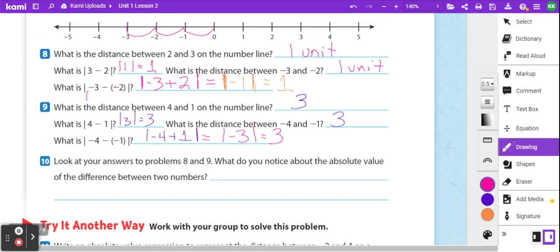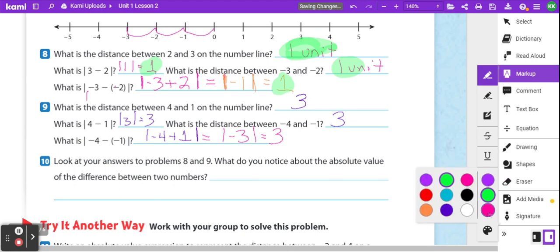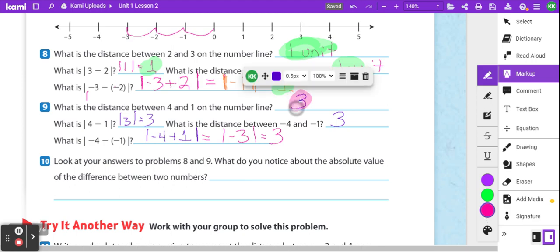So if we're looking at absolute value, I'm going to highlight these ones. The absolute value here is 1. So notice that the absolute value and the distance are the same thing. To find distance, you can find the absolute value of the difference, so you can find the absolute value of subtracting the two numbers.